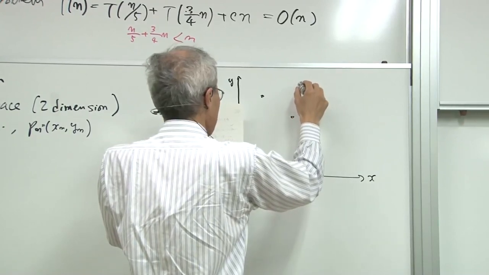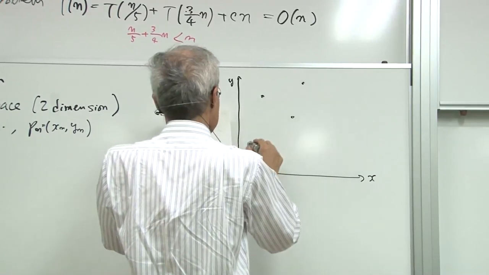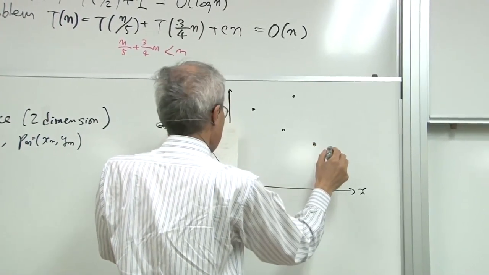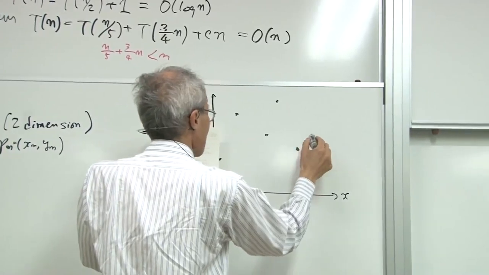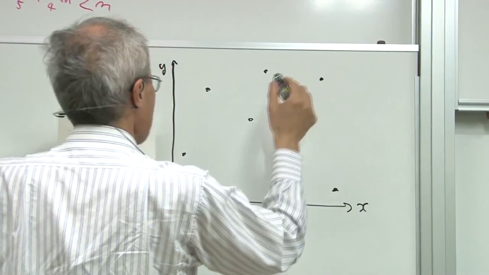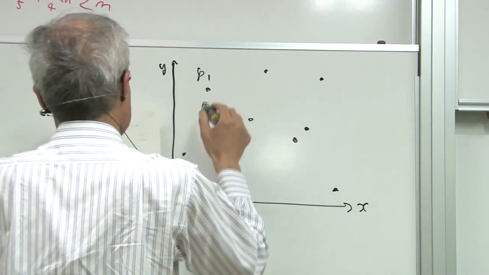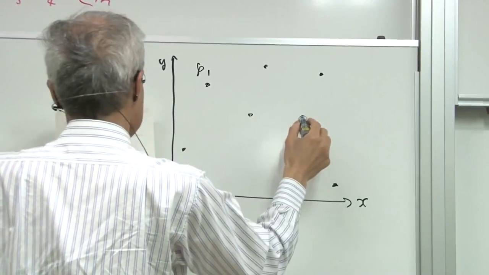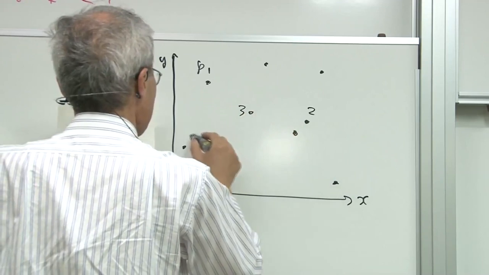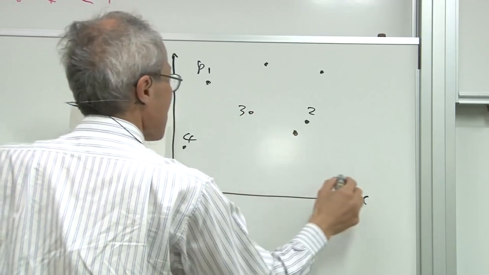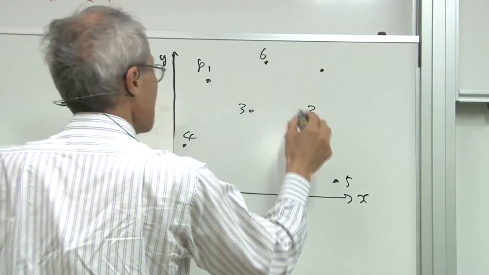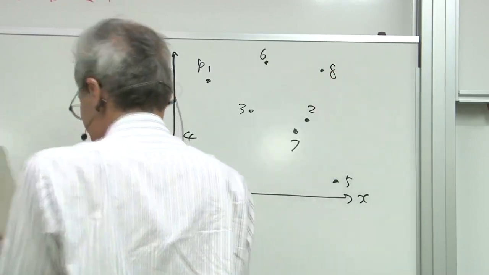Anyway, this is P1, P2, P3, 4, 5, 6, 7, and 8.